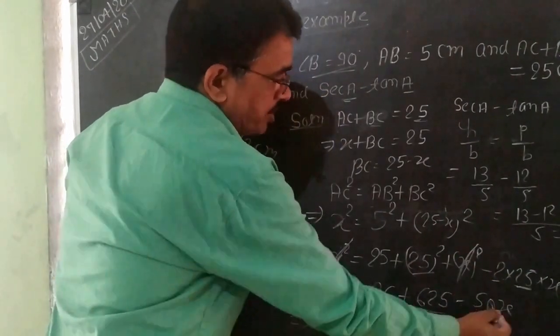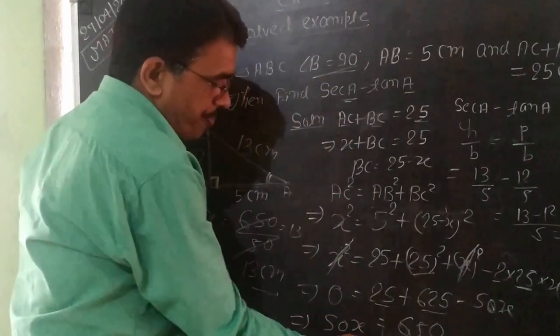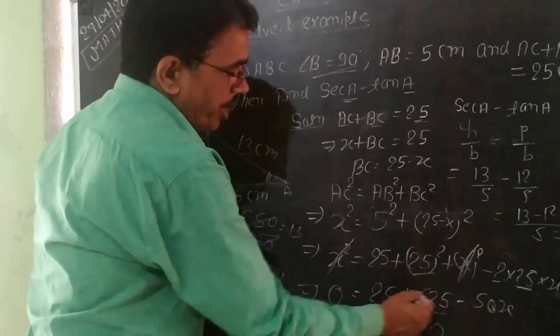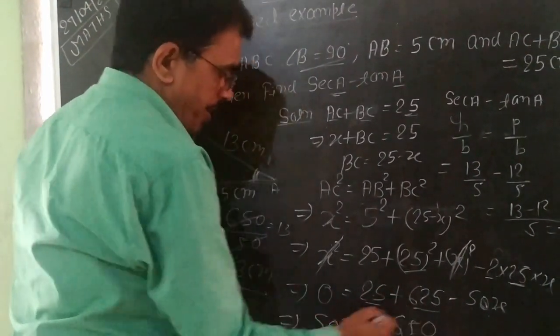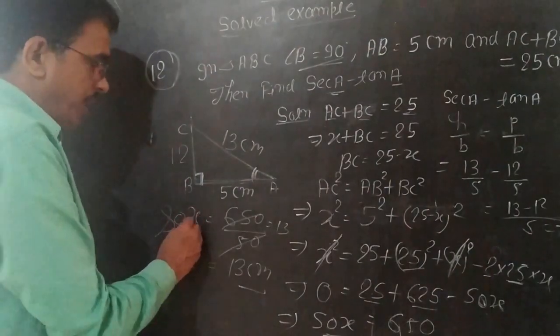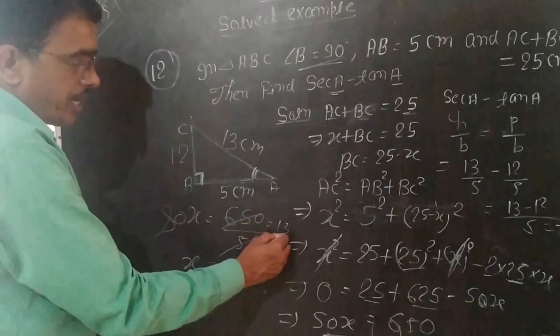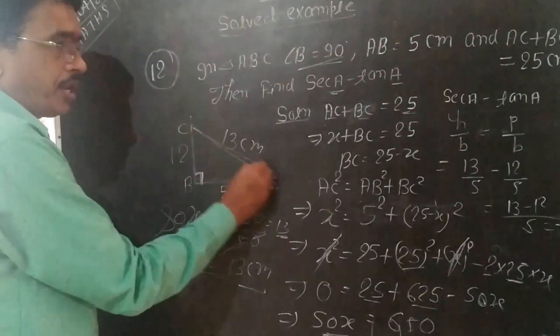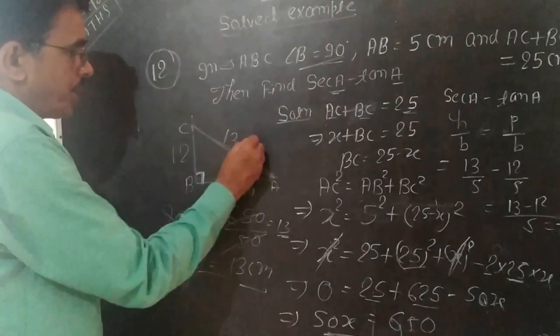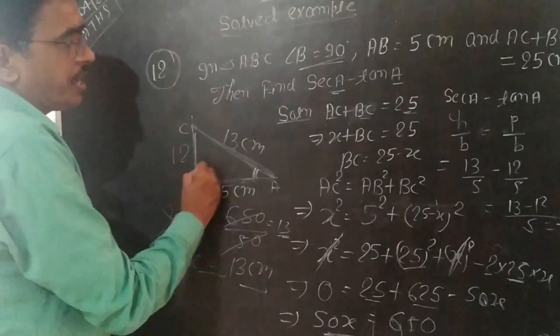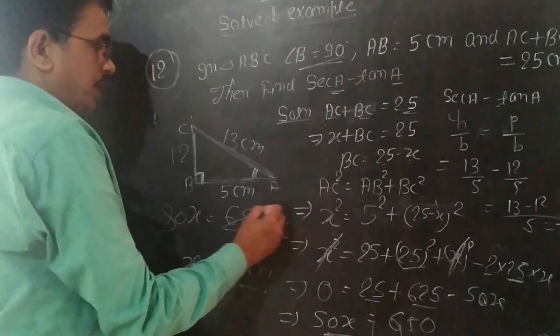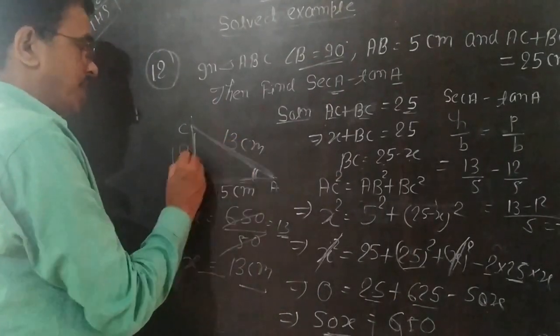Now this is minus 50x, go to this side, then it is 50x. And here is 625 plus 25, that is 650. After that, you find the value of x. 650 by 50 is 13. So x is 13, and x is AC, so it is 13. BC is 25 minus x, then 25 minus 13, that is 12.